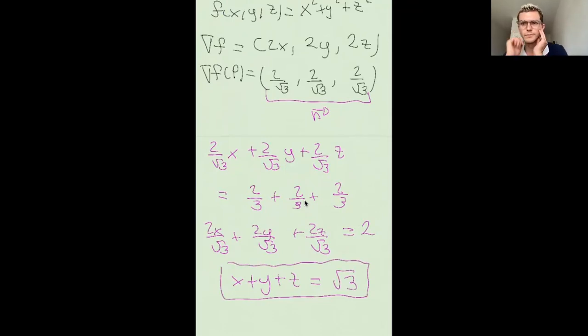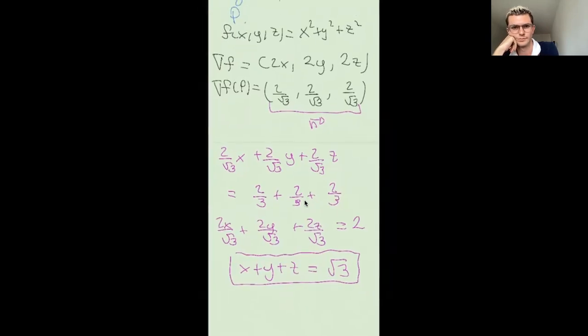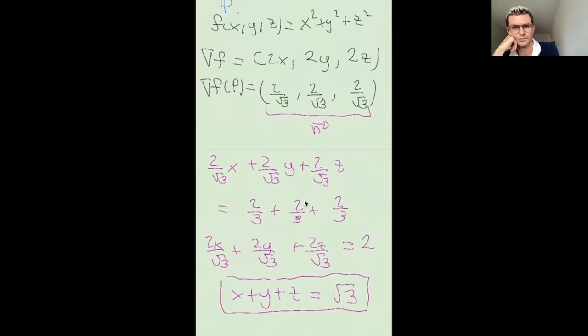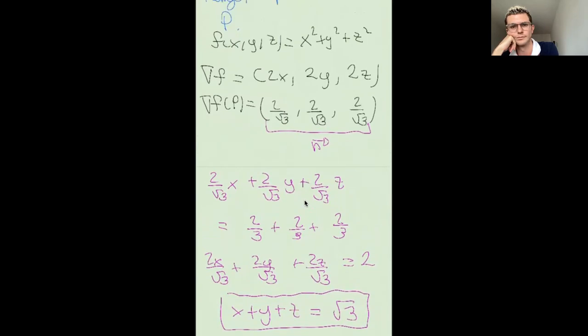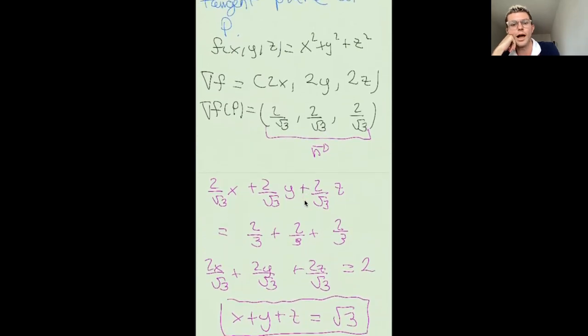One quick question. So you put 2 over 3 plus 2 over 3 plus 2 over 3. Why was it not 2 over root 3 plus 2 over root 3 plus 2 over root 3? Oh, here?